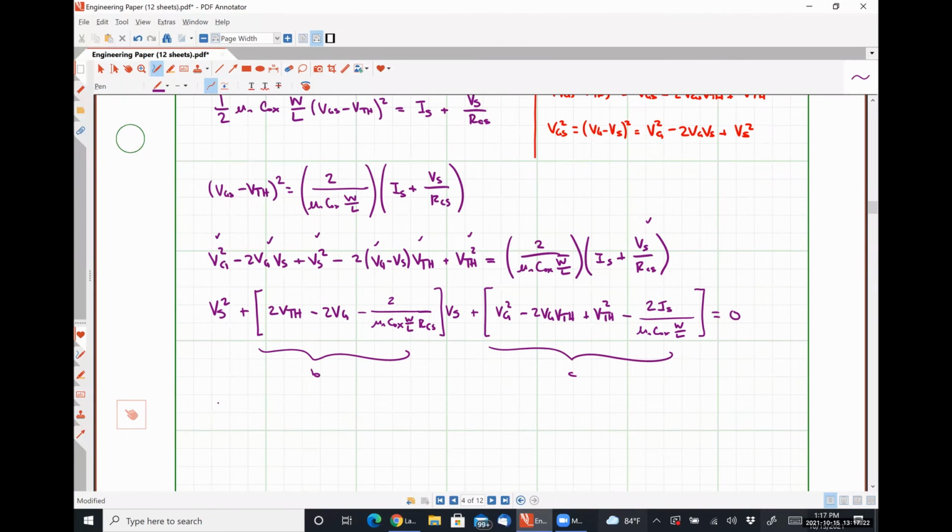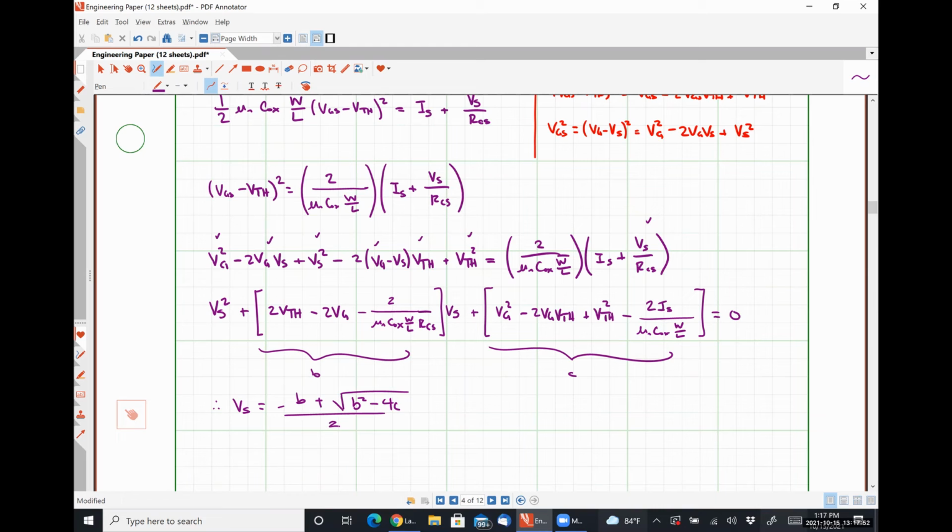And I can say then to solve for VS, it will be -B plus the square root of B squared minus 4C all over 2, where I'm specifically saying that A is equal to 1.